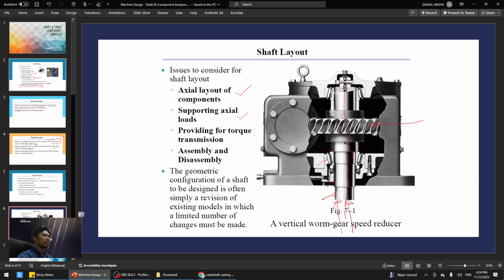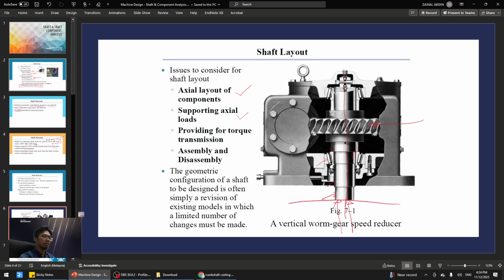And the things you need consider if you are using shaft in your design is providing a torque transmission, because your shaft dia akan provide a torque. Kan, buat apa you nak ada shaft ni tapi you can transfer a torque? Apa itu maksud dia? For example, kat bawah shaft ini dia ada gear ataupun kipas.